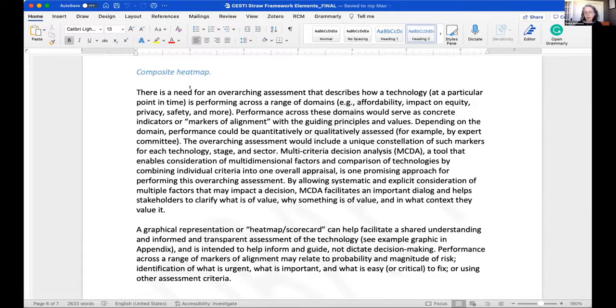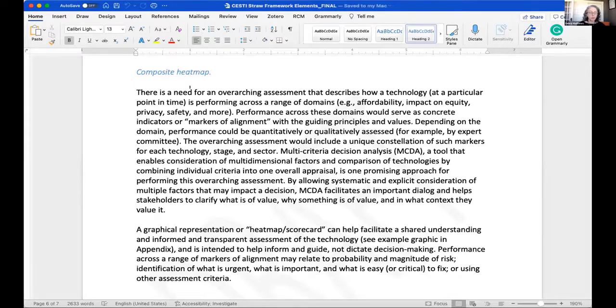The composite heat map I will come back to in a minute, because I'm going to show you a mock-up of this heat map and talk through it. But the idea here is that we need a way of distilling some of this information about a technology and its alignment with the guiding ethical principles as a tool for assessing the current state of a technology and its impact.